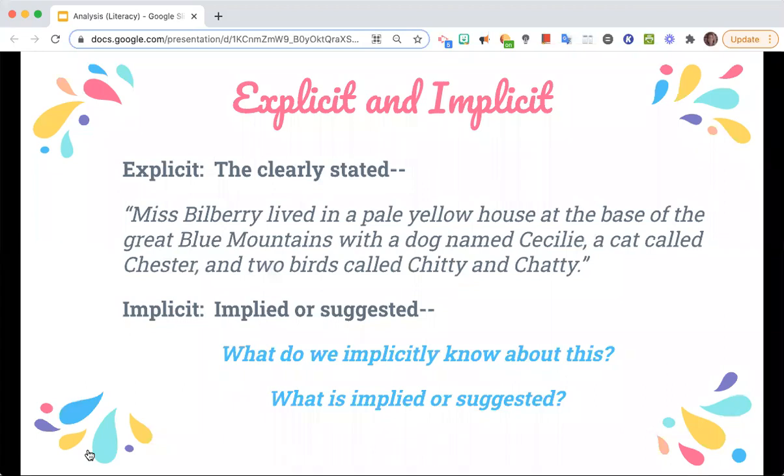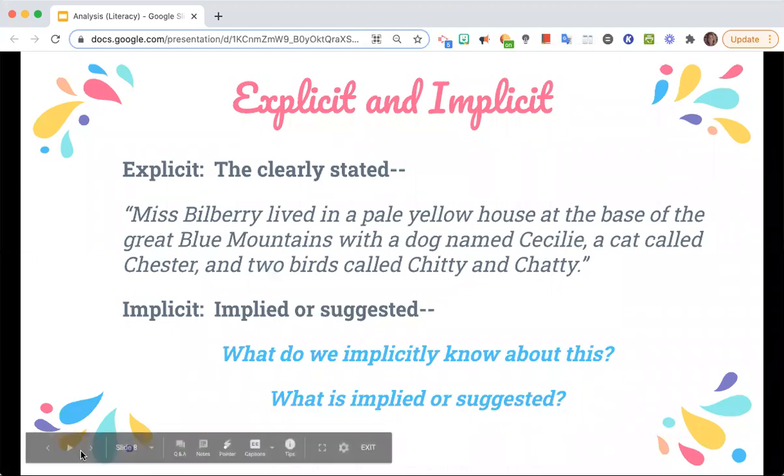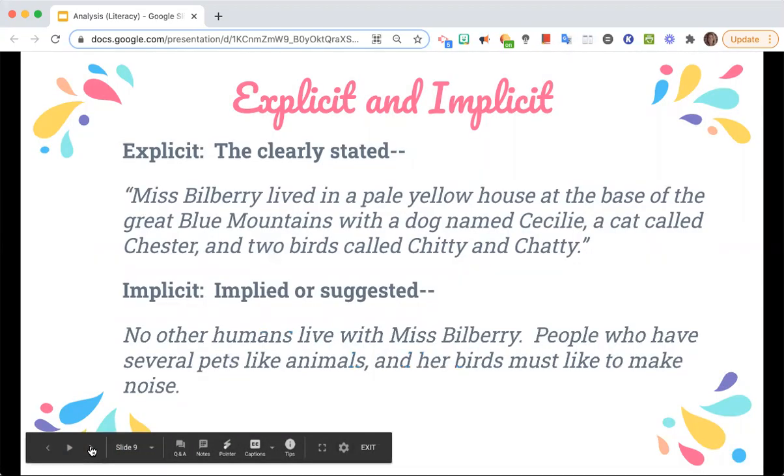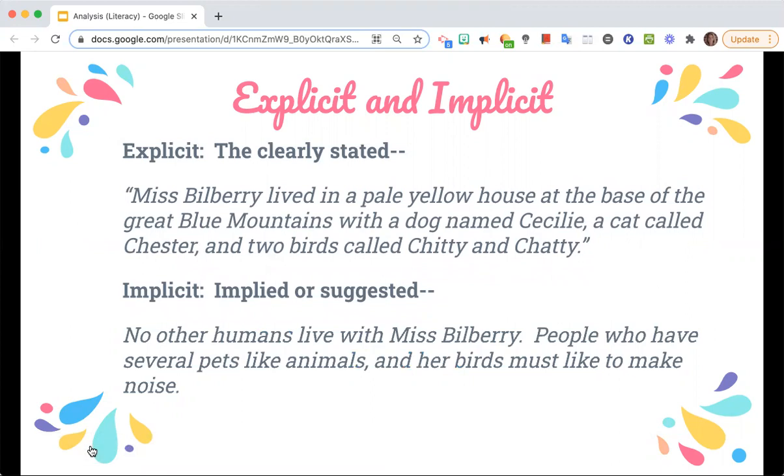Now we need to ask our students the question, and ourselves the question, what do we implicitly know about this? What is implied or suggested? So my implication is that no other humans live with Miss Bilberry. People who have several pets, like animals, and her birds must like to make noise.